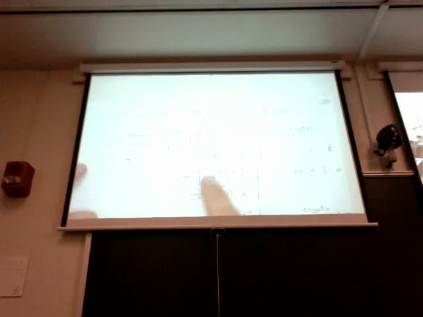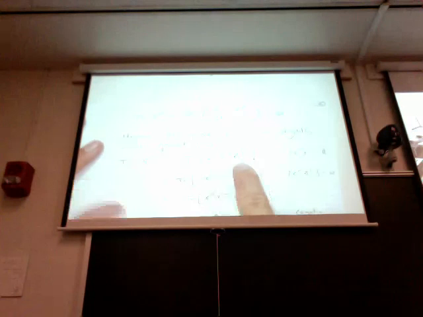I'm going to use the fact that gamma 5 squared is the identity operator, so I'm going to insert an identity operator in terms of gamma 5 squared. Then I'm going to use the fact that gamma 5 and gamma mu anti-commute. So I pass one of these gamma 5's through, and it gives me a minus sign. That's using the anti-commutation relation.